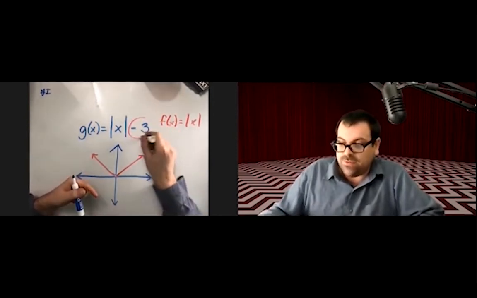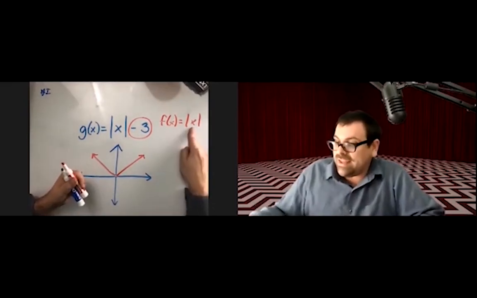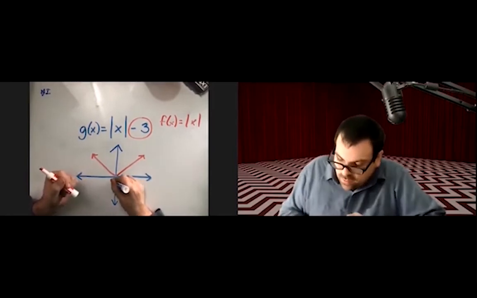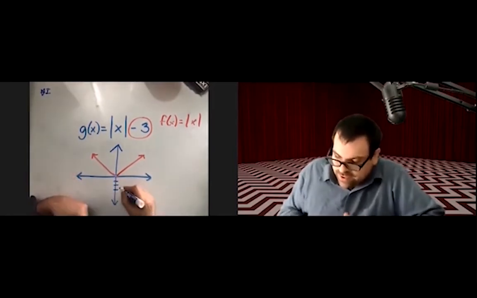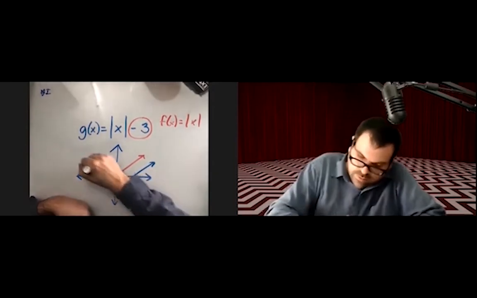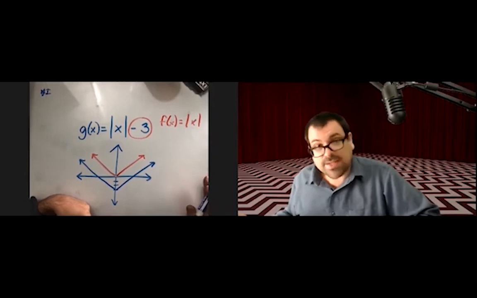See this down 3, this minus 3. Taking that and subtracting 3 is going to move it 1, 2, 3 down. And that's how you move graphs up and down.